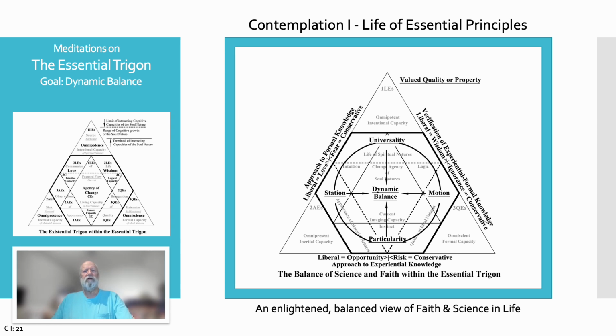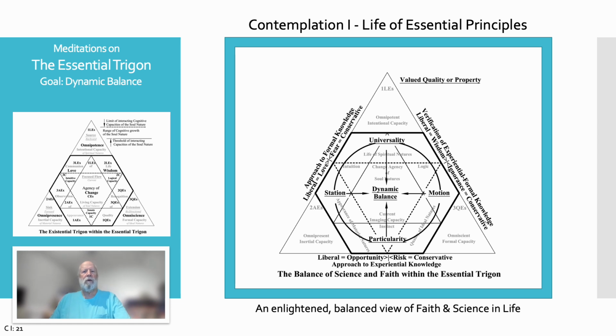At the point of intuitive capacity is an approach to shared formal knowledge and understanding of the quality of life, an approach which is liberal in increasing love and conservative in decreasing fear in the community. At the point of logical capacity, in verification of the validity of balancing experiential and formal knowledge, is an approach that is liberal in its openness to and acceptance of wisdom and conservative against fostering ignorance in that community.